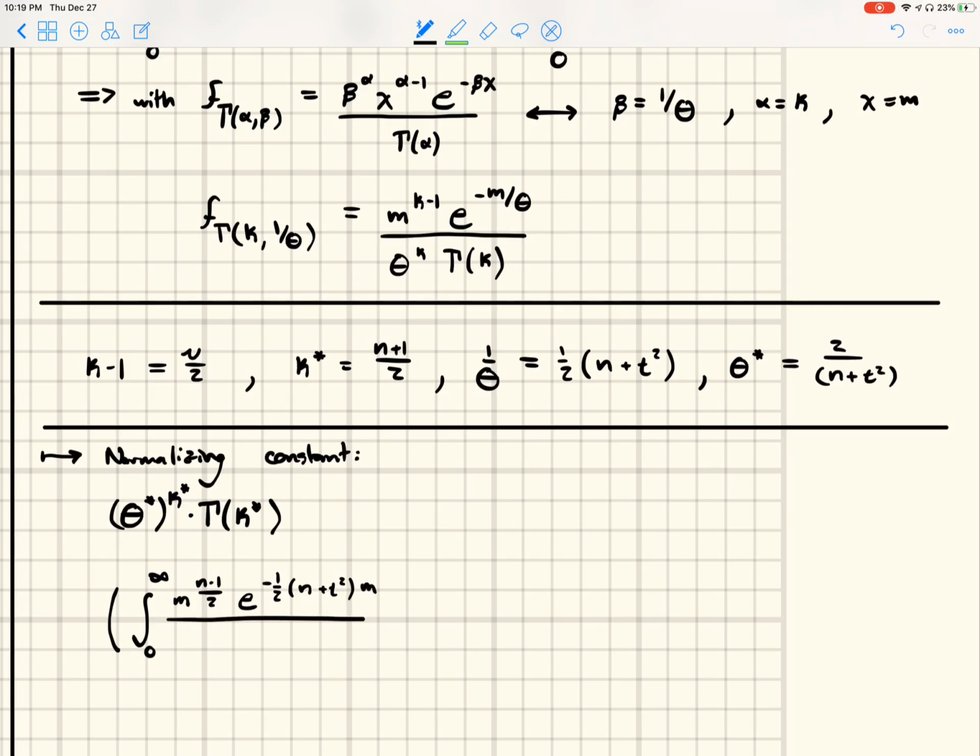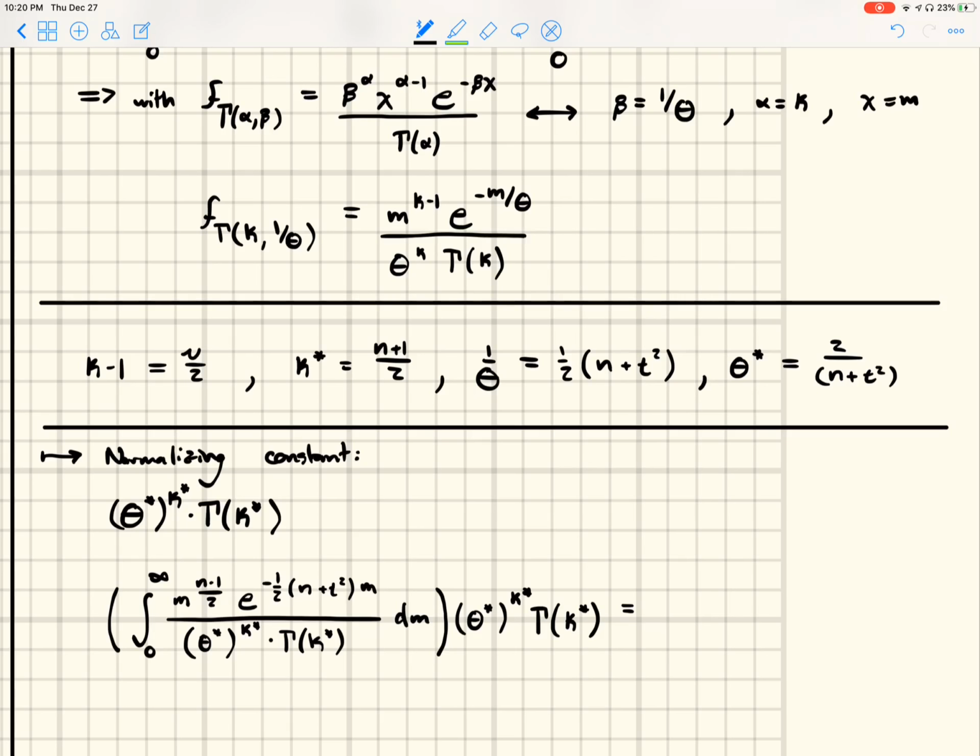All over this normalizing constant. Again, the reason why we do this is because we're trying to essentially resolve the integral without actually having to resolve the integral as it was given to us.